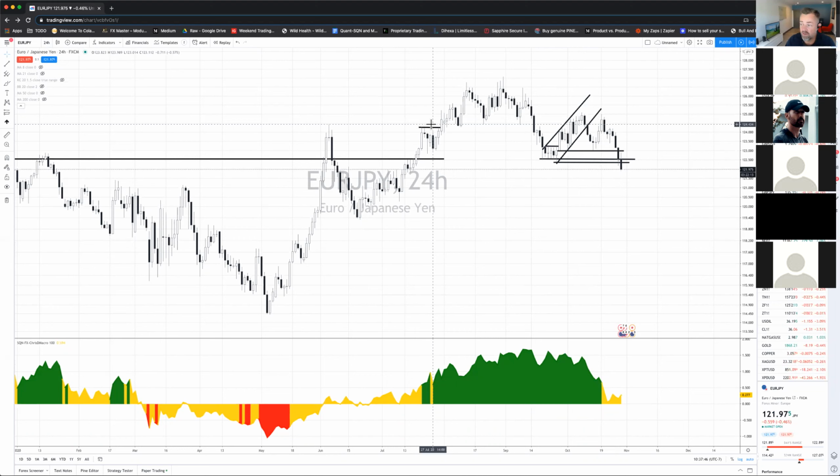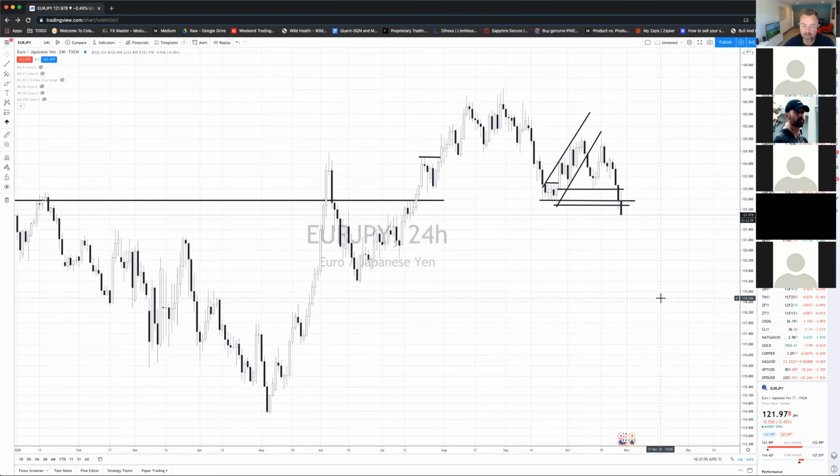A better one to trade would be the pound yen in a neutral regime on a failed vol breakout. Cool. What do I think is going to be happening from here? Is it more of a move extending the trend, or are we looking at a reversal here?